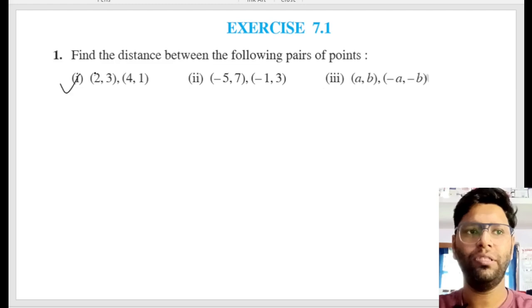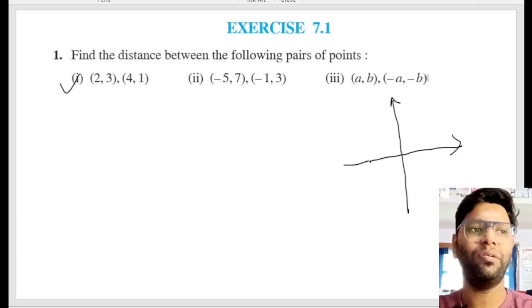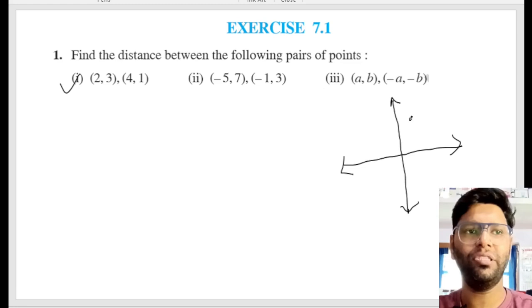This is the question: find the distance between the following pair of points. Let us create the x-axis and y-axis so that we can visualize what we are going to do. Here you can clearly see the first point is (2, 3) and the next point is (4, 1). We need to find the distance between these two points.